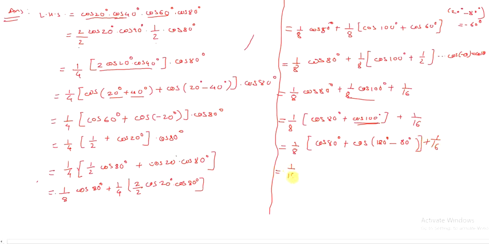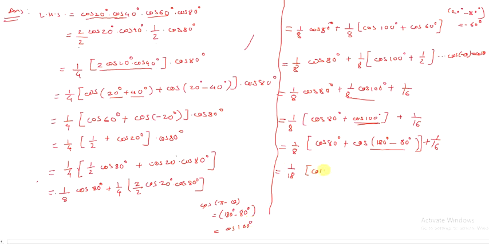Therefore, see how this is done. 180 minus 80 is equal to 100 again, and this is of the form cos of pi minus theta, where pi is equal to 180 degree and theta is equal to 80 degree, and it is equal to our value, that is cos of 100 degree, isn't it? So this is applied there.